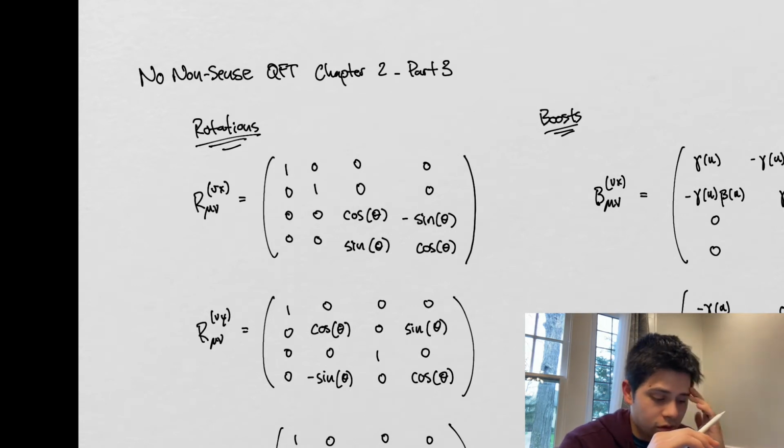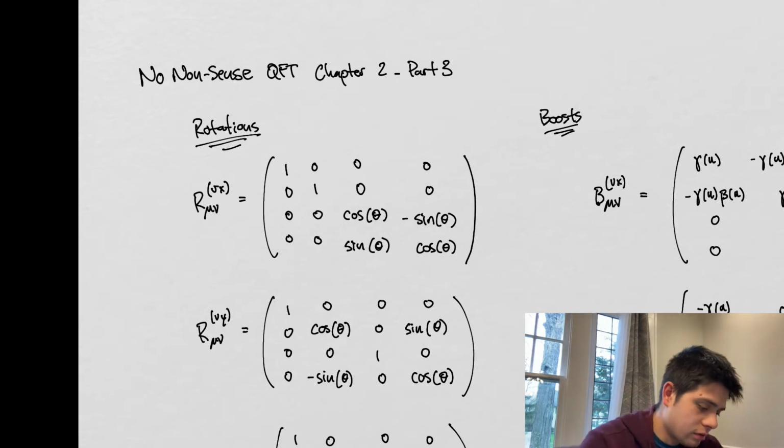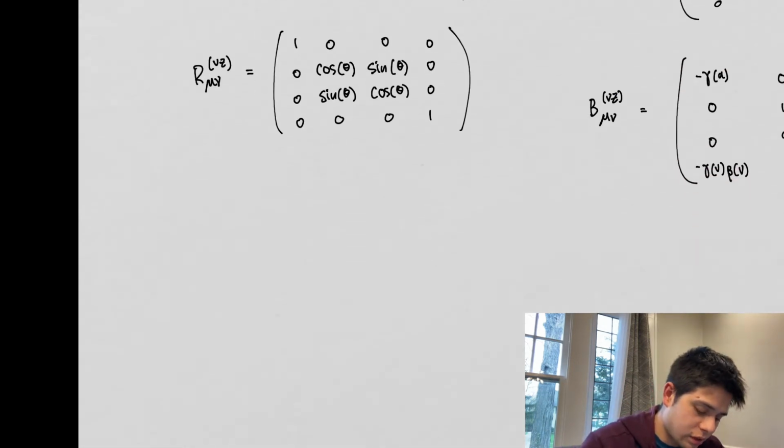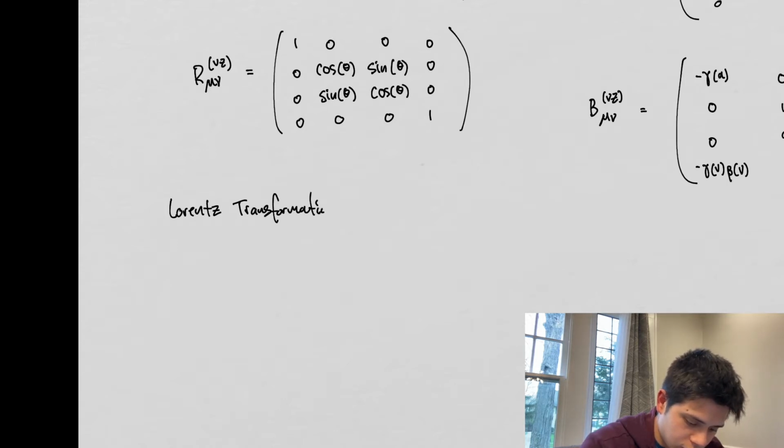And so I'll write that down, but for the majority of this section, which is 2.6, Lorentz transformation and Poincaré transformation.